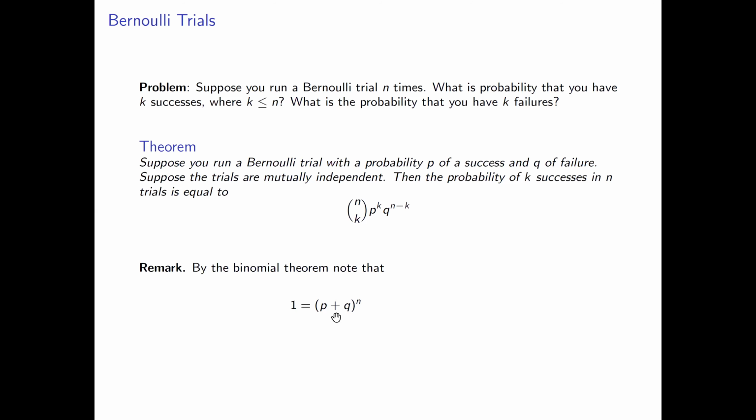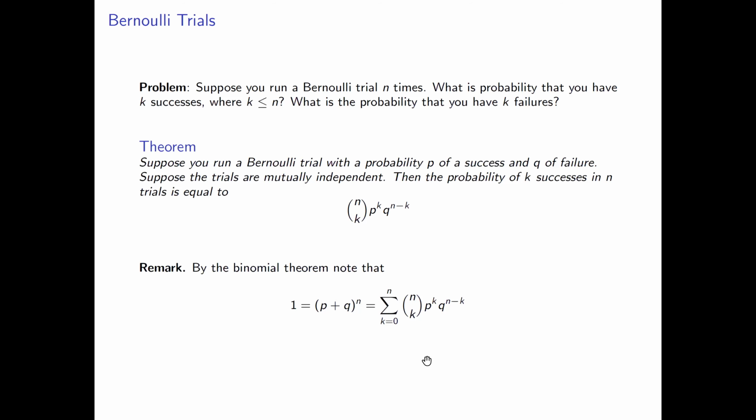So 1 is always equal to p plus q raised to the n. But then if I use the binomial theorem to expand this quantity over here, we get this sum from k equals 0 to n of these individual terms, which we saw in the previous theorem. What this says is that if I take each of these terms and sum them up as k varies from 0 to n, then they have to add up to 1. And we need to use the binomial theorem to see this.